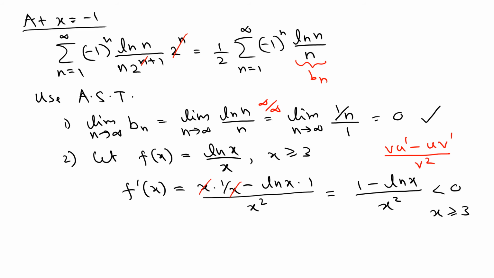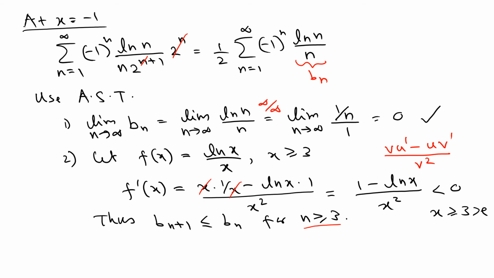So this function is negative, thus you can see that bn plus 1 is less than or equal to bn for n greater than or equal to 3. That's enough; you don't need it to work for all n. If it works after some n, that's enough. So after 3 it's going to work, and by the alternating series test, the series converges.